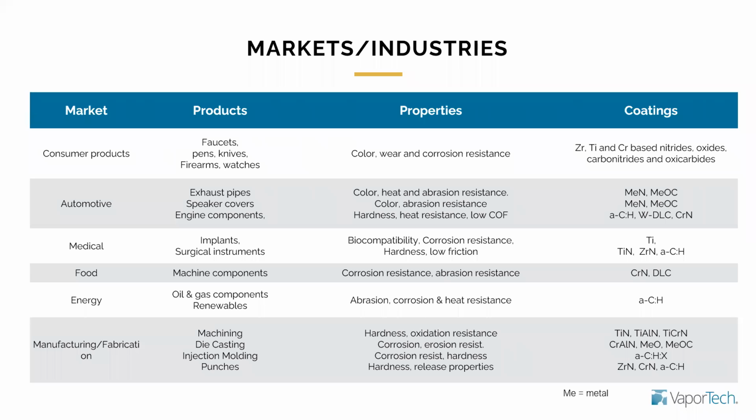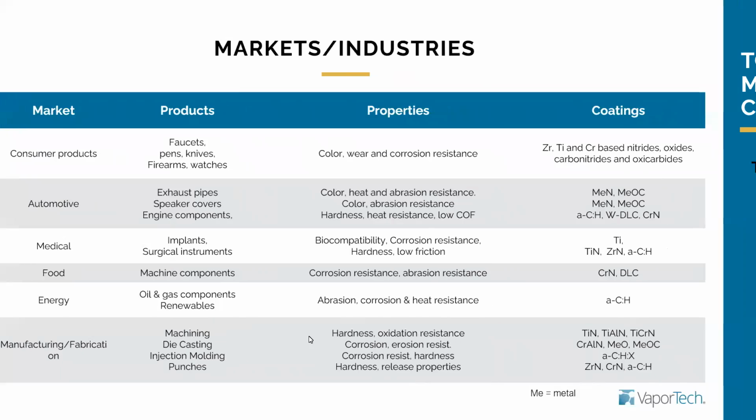All of those have some things in common, but normally what you would expect is hardness, oxidation resistance, erosion resistance, and so on. That is the broader category of coatings that you can apply, shown on the right-hand side. If you have any questions about specifics, at the end we're going to put a summary of some of the coatings that are used, and we can go from there with questions and answers.